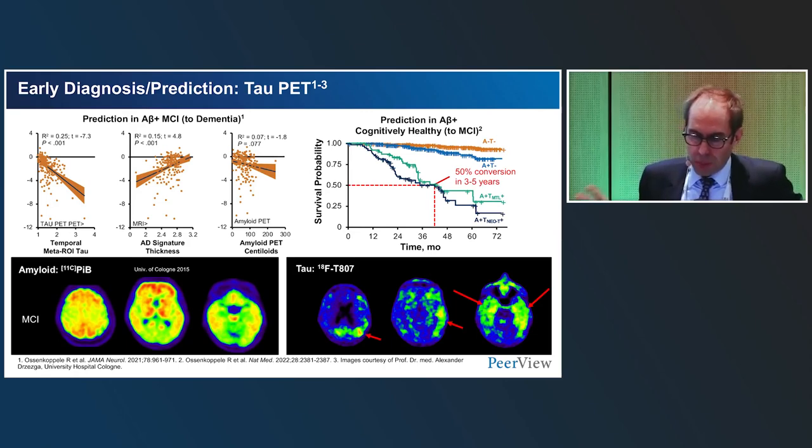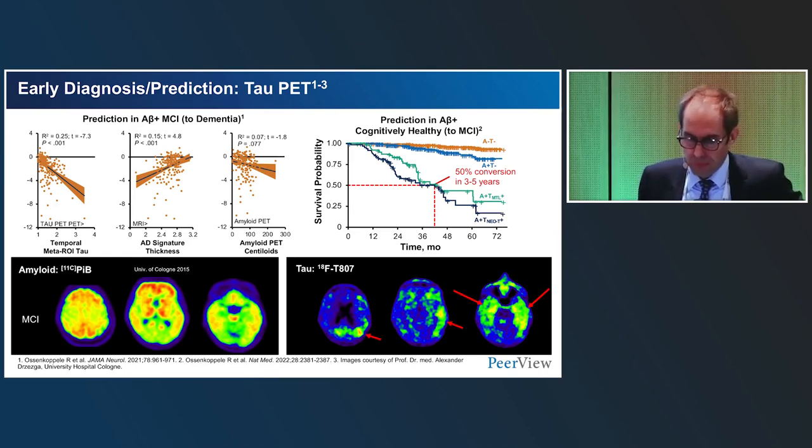The tau PET appears later, as we saw on these curves before, so it has an added value in the patients who are already symptomatic, and it works better for prediction from MCI to dementia, which we see on top of the left slide, as compared to MRI and also to amyloid PET, because it is closer to the symptomatic onset.